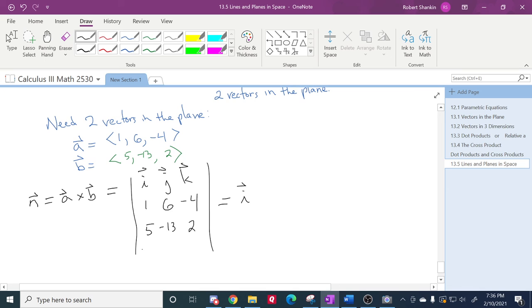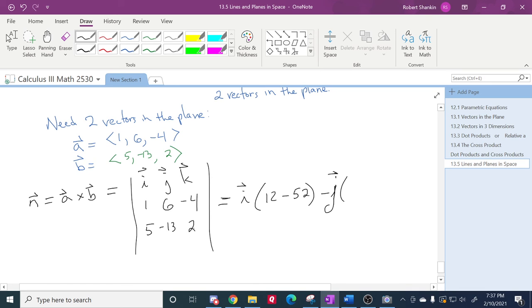Now, I'm going to mentally cross out these two, and then I'm going to do this computation. 12 minus 4 times 13 is 52. So I'm just going to save myself a little time here. Minus j, and then I'm going to mentally cross out this row and this column.